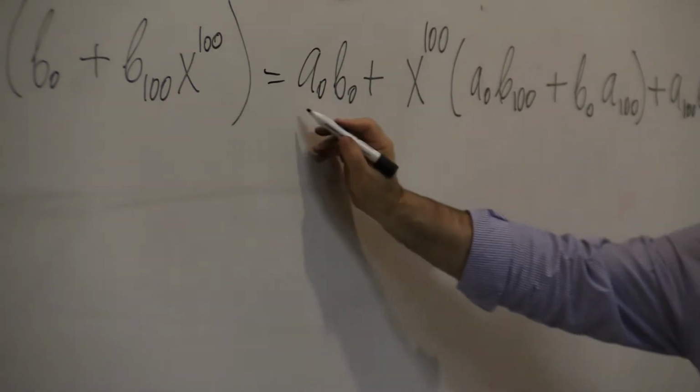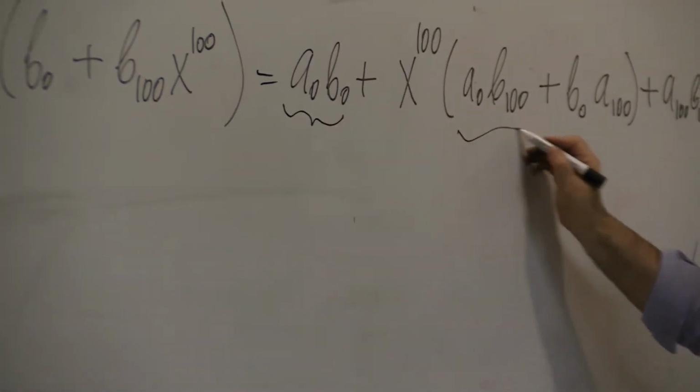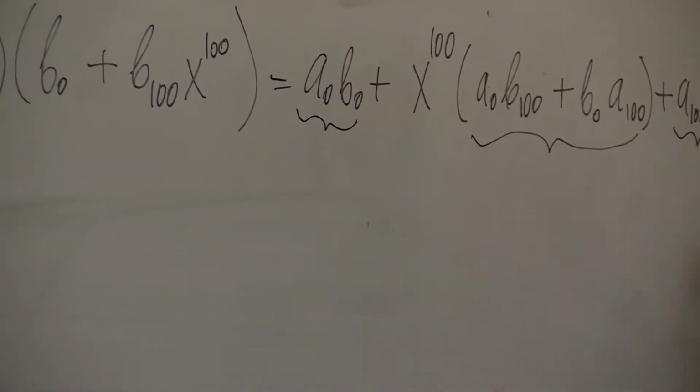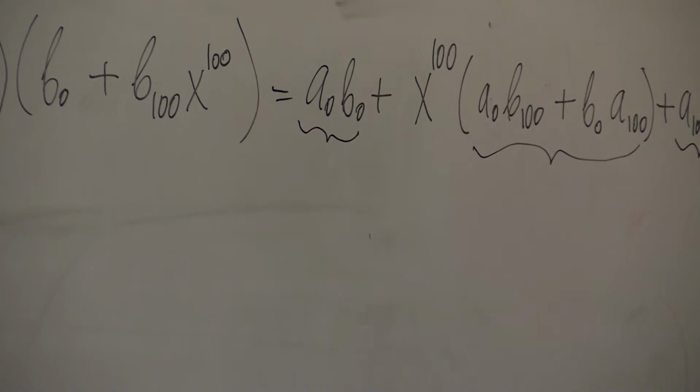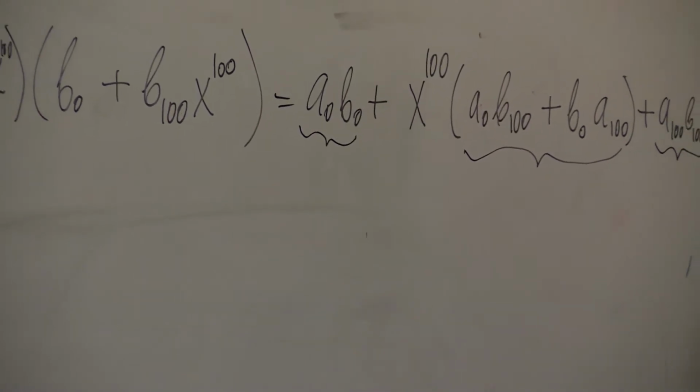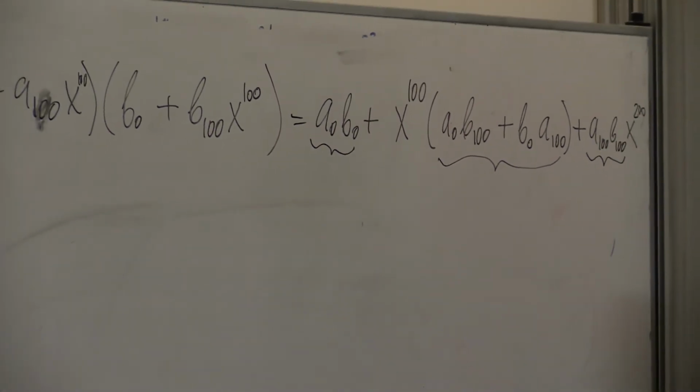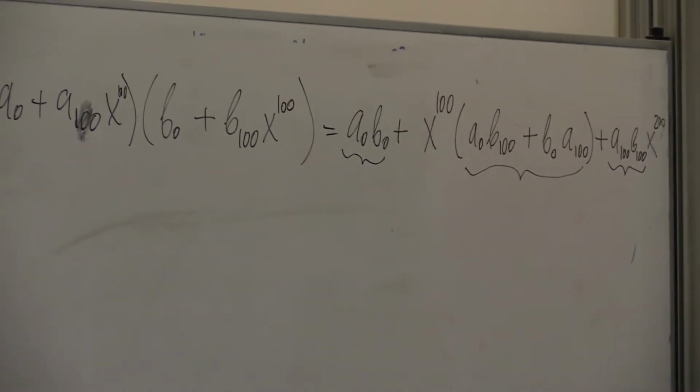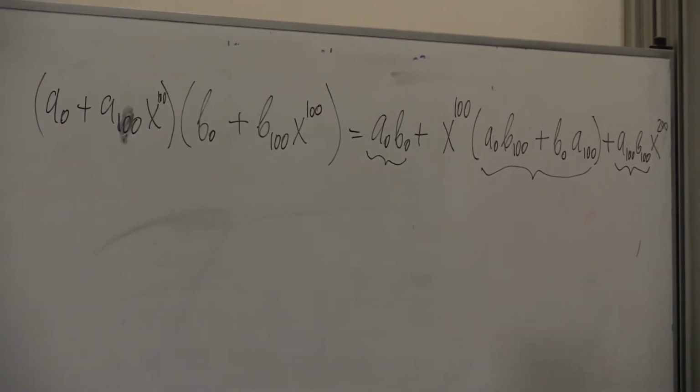How do we find these with only 3 large number multiplications? Which multiplications do we perform actually? A0 B0.